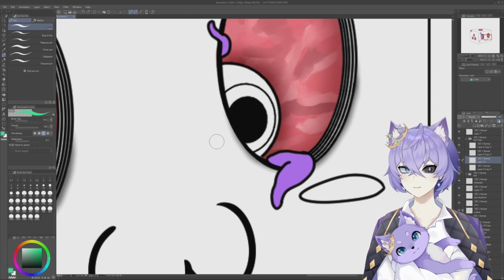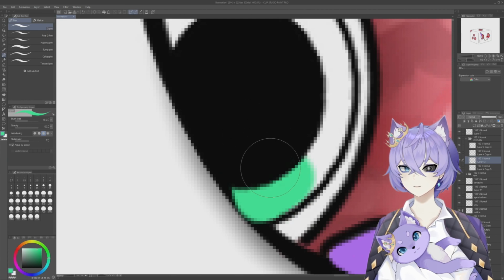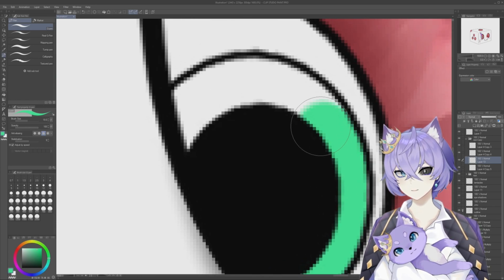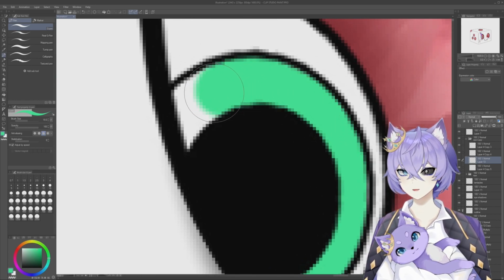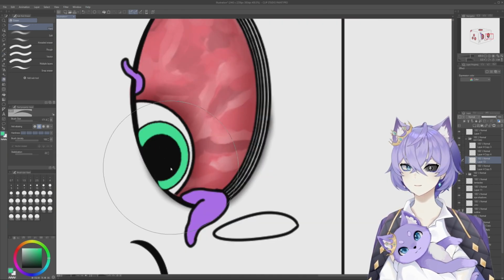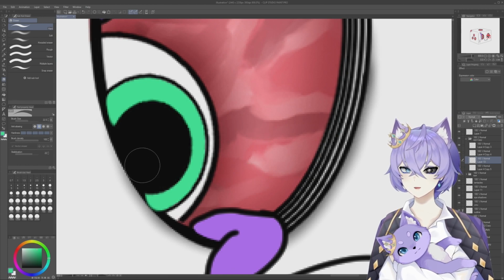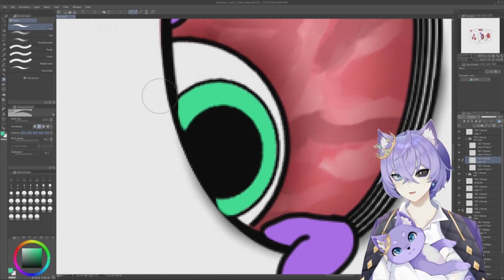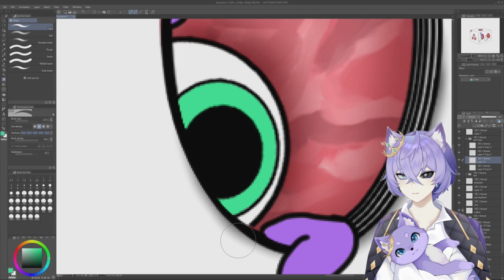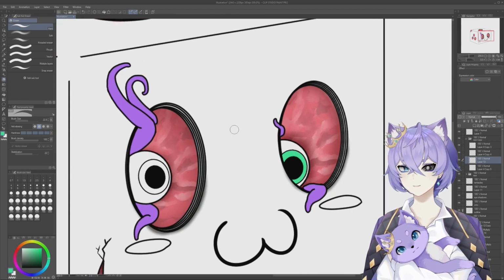Oh, okay. So pull all this together. Bring down the eraser size so I can clean up things a little easier. There we go.